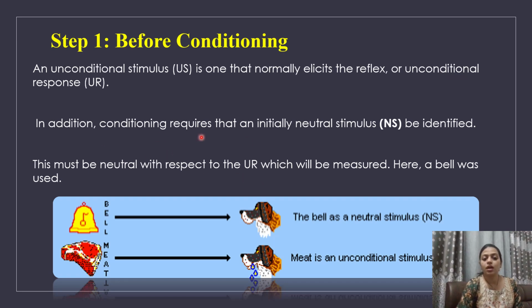In addition, conditioning requires that we initially use a neutral stimulus, which has to be associated with the unconditional stimulus so that it becomes a conditional stimulus. Here meat was the unconditional stimulus causing salivation in the dog, which is an unconditional response, whereas the bell, a neutral stimulus, is not causing any kind of reflex mechanism. There is no salivation seen, so it's a neutral stimulus.